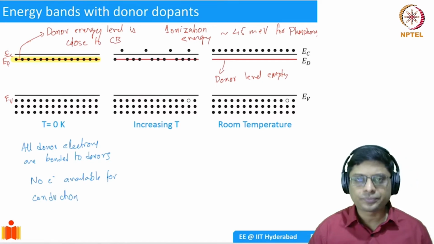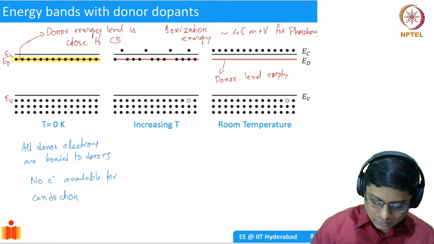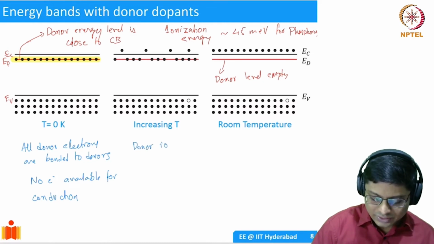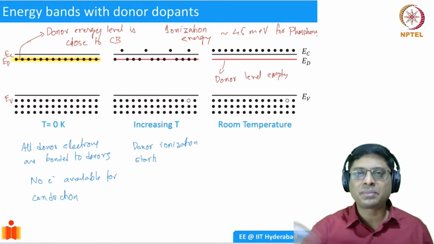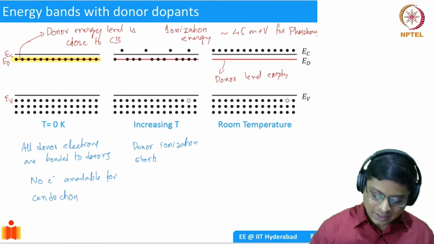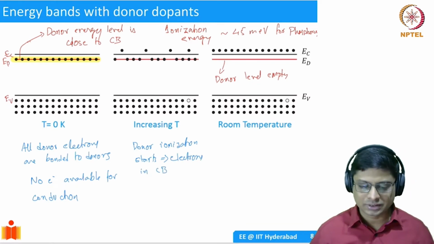Now, as you increase temperature, donor ionization starts. That means electrons start escaping from the donor atoms, and this implies that you have electrons in the conduction band. That means they can carry current.